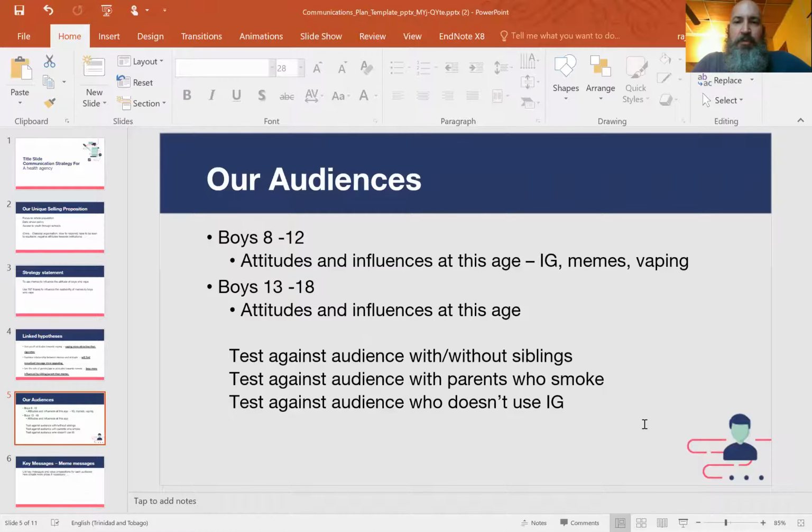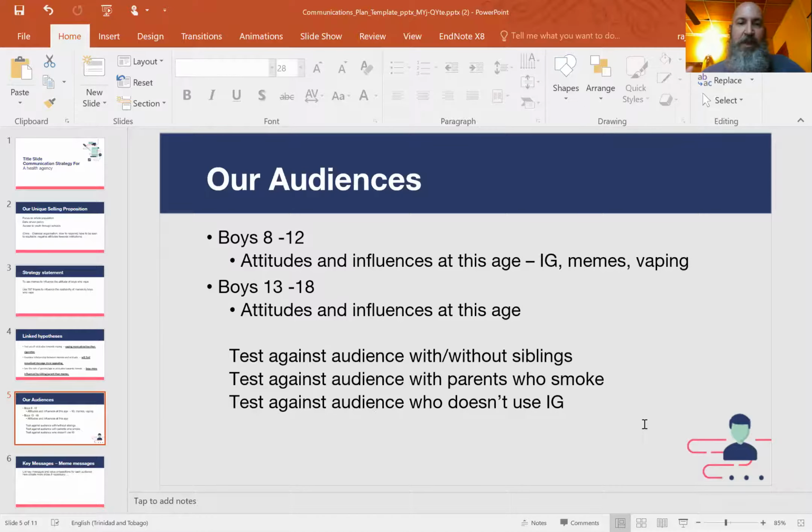And so I've put them down, and the kinds of things that you want to indicate about the target audience are some of the attitudes and influences as you understand them. Again, this is just a proposal at this stage. So these are just the kinds of things you want to look at. And as I'm saying, you might test these groups against an audience with or without siblings, because we are interested in whether they're influenced more by the siblings or the meme.